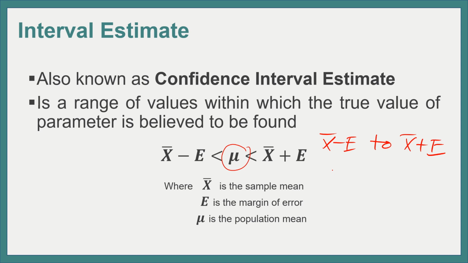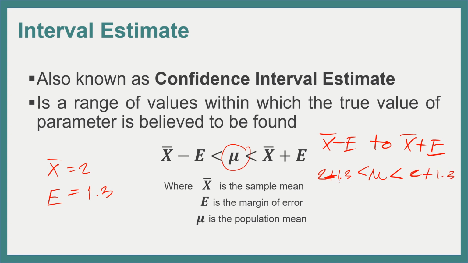So let's say for example that our mean is equal to 2 and our margin of error is equal to 1.3, then we can say that the true value of our population mean in this example is from 2 minus 1.3 up to 2 plus 1.3.